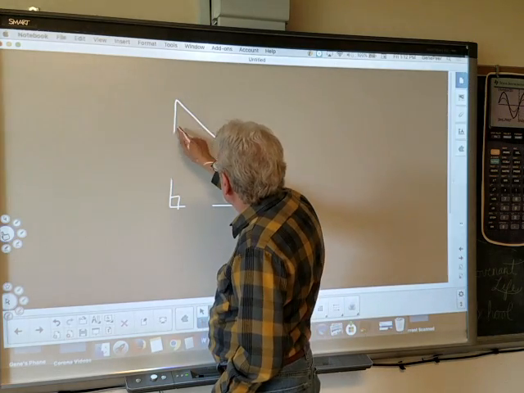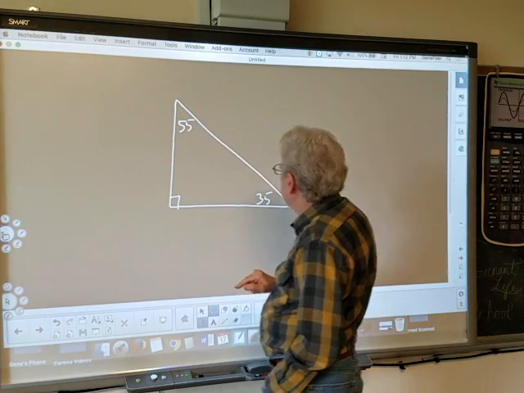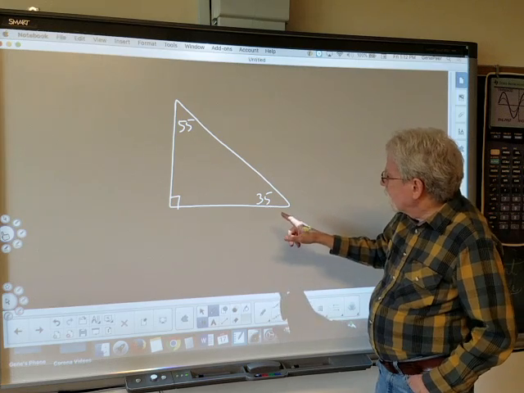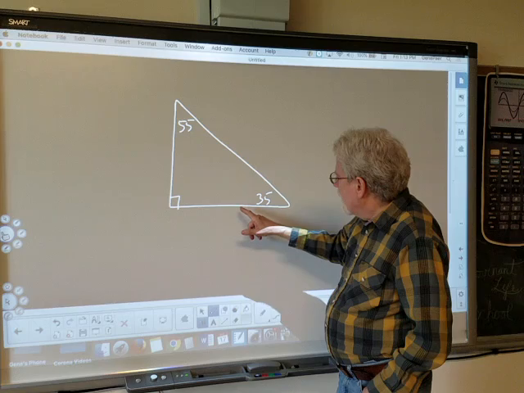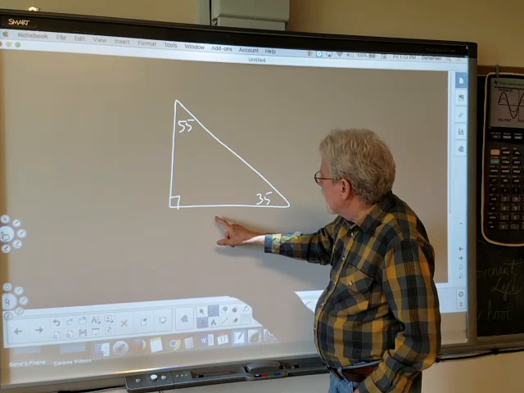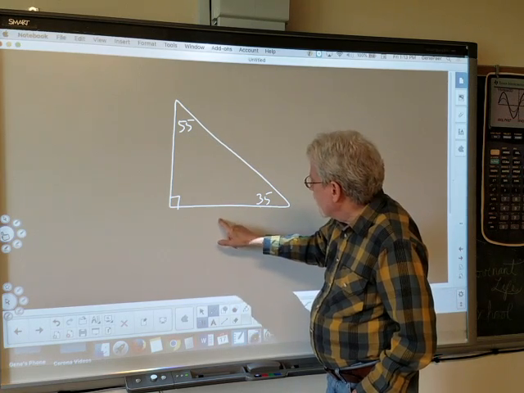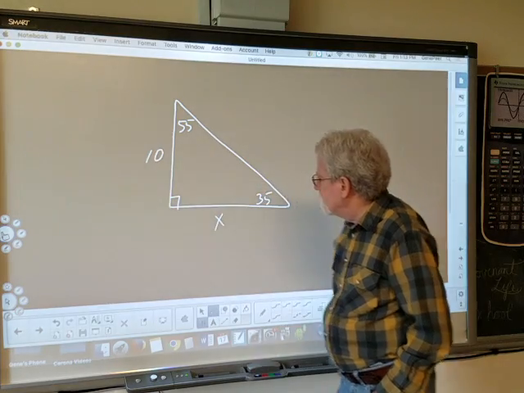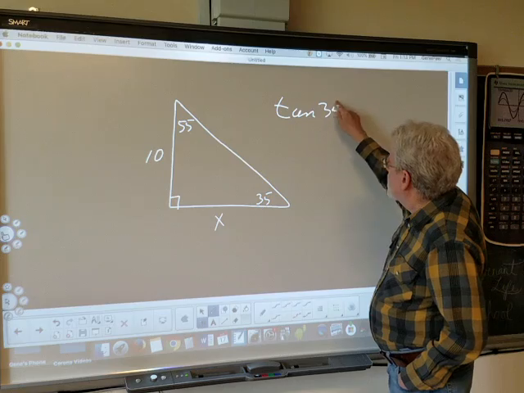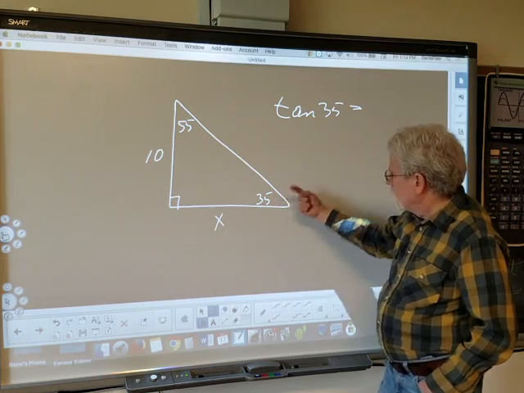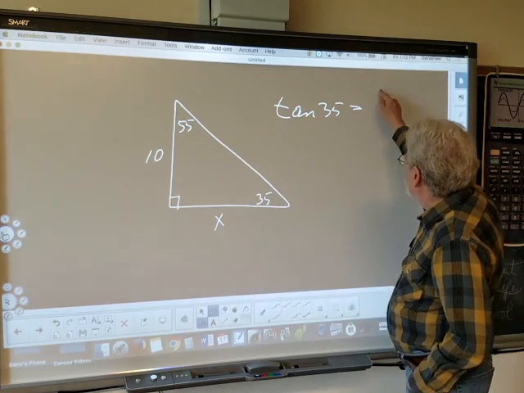This ends up being, of course, 55. I don't remember what my numbers were because I just deleted everything. Oh, I know. This was the x and this was a 10. Yes, again, we could use the tangent of 35 equals 10 over x.